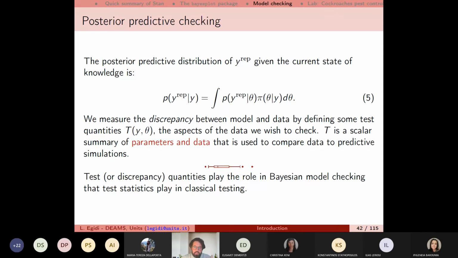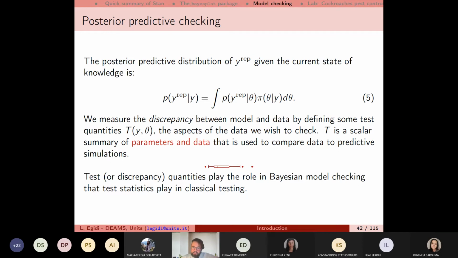How does Stan work? For each sample of the posterior distribution, for each theta s, where small s indicates the s-th replication, basically I can obtain a replication Y-rep, a hypothetical replication for my data.